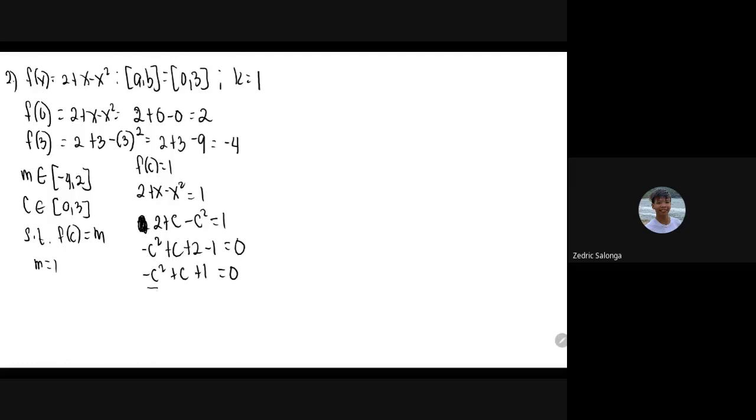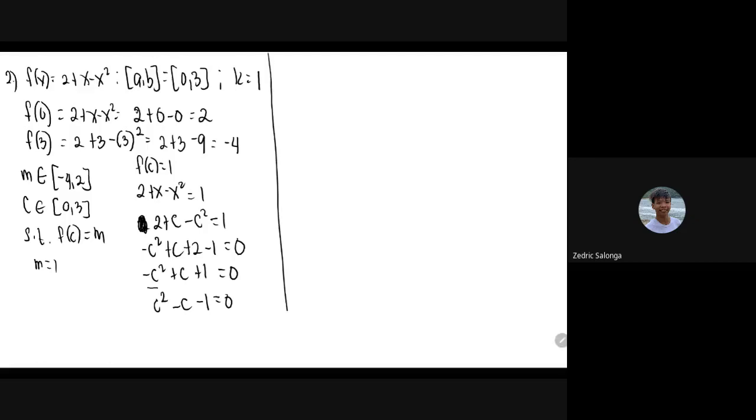So multiplying that by negative 1 will yield c squared minus c minus 1 is equal to 0. Basically, c squared minus c minus 1 is not factorable. So we will be using another way of solving for the roots. It could be completing the square or using the quadratic formula. In this case, I think it is easier if we use the quadratic formula.